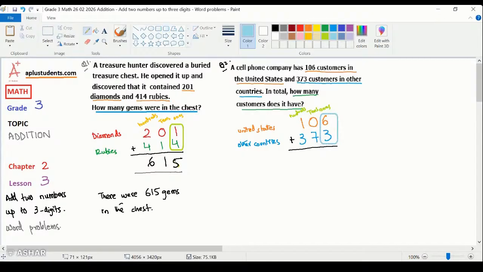Thank you, Sami. Perfect. That means 6 plus 3 is 7. Oh, sorry, my bad. 6 plus 3 is 9. I was looking at 7. I wrote 7. 6 plus 3 is 9. 0 plus 7 is 7 tens. And 1 plus 3 is 4 hundreds, right?